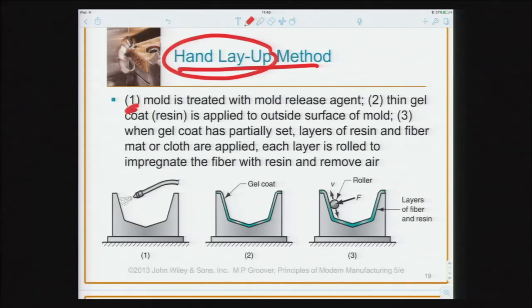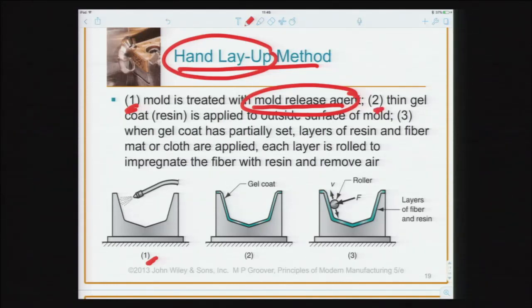Okay, so start with step 1. The mold is treated with mold release agent, so after you finish your process, you can remove the part easily. So you apply the mold release agent as shown in figure 1.